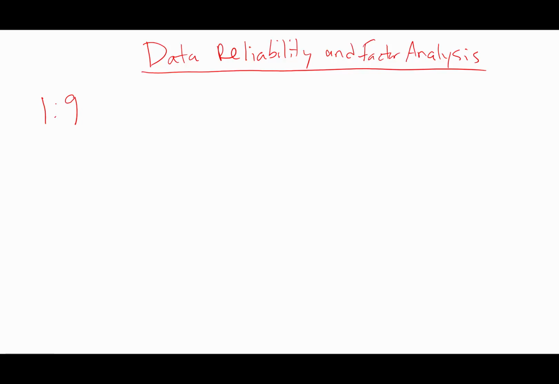So that's 1 plus 9 equals 10. And since 9 of the 10 was structural variance, this equals 0.90, so we're calling this R90.